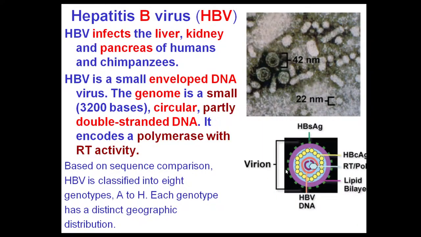So now we start our description with hepatitis B virus, which usually infects the liver, kidney, and pancreas in humans and chimpanzees.